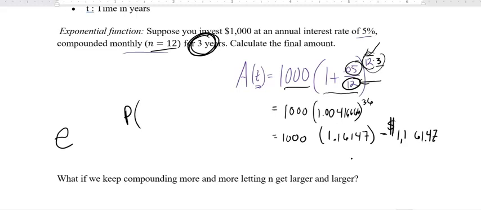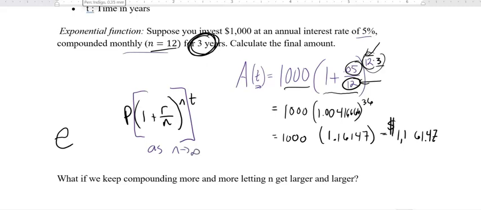this the same. I'm leaving the rate the same. N is the only thing that's changing. I'm leaving t the same. So here's my first ever definition of e, or one way to define it. As n goes to infinity, this number actually becomes e, and I'll show you that I get the same amount if I replace it.